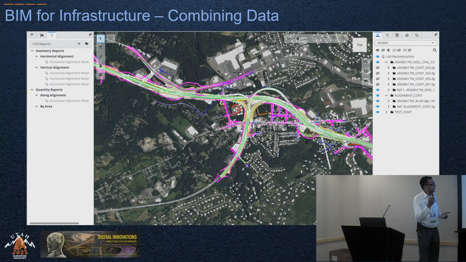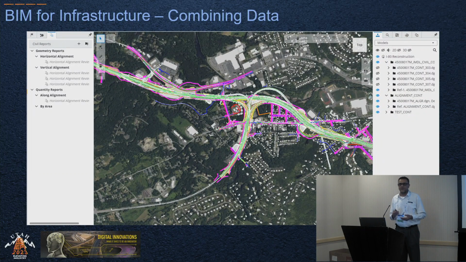This is Interstate 80 in Pennsylvania. So a very large project that we're doing for PennDOT. Full BIM, full GIS. All the data that I'm talking about is all inside this container.